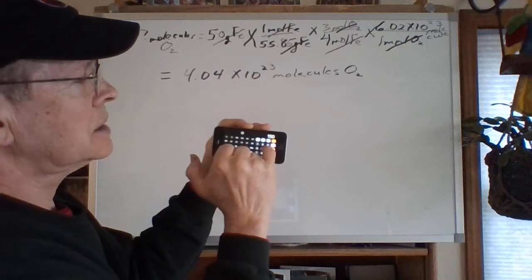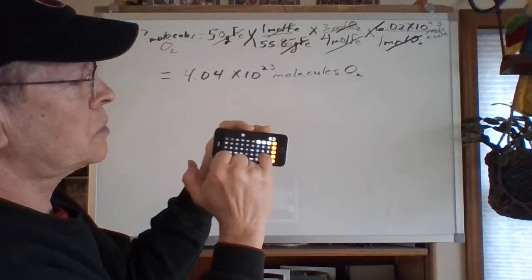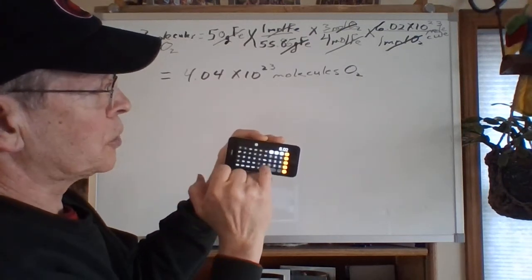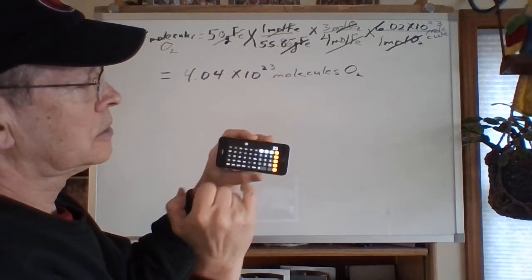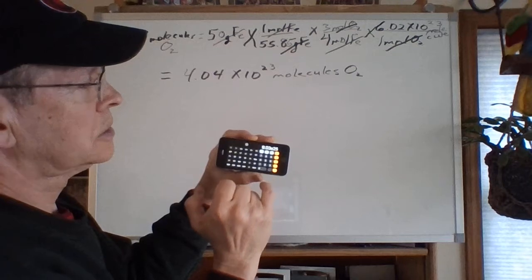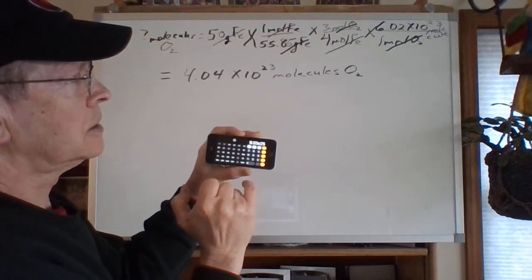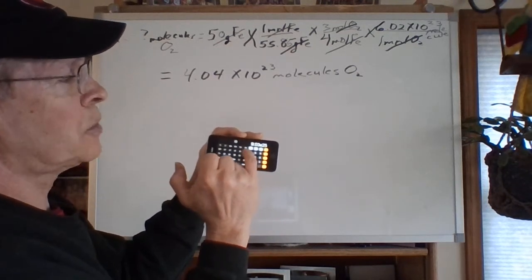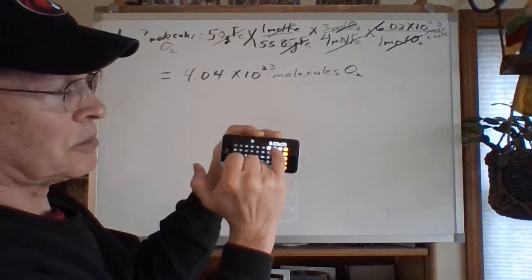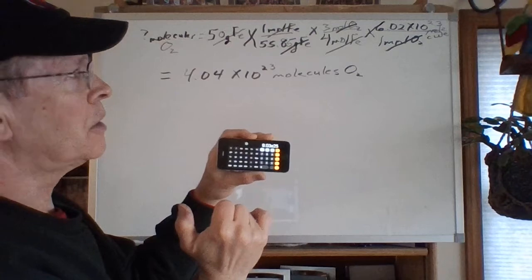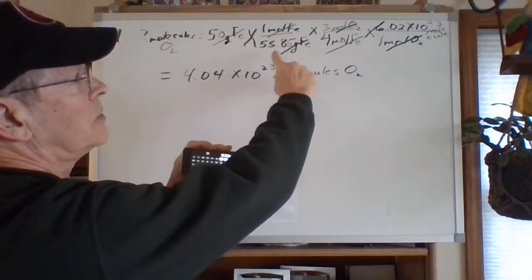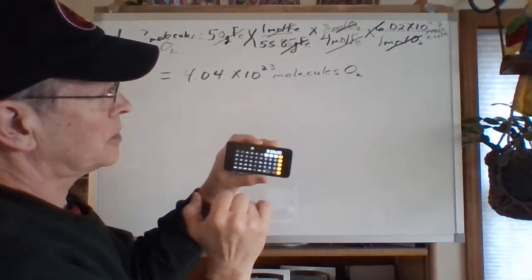Times 6.02, enter exponent EE, 23, equals. So far, our answer is 9.03 times 10 to the 25th power. Oh, but we have to divide by the stuff on the bottom.